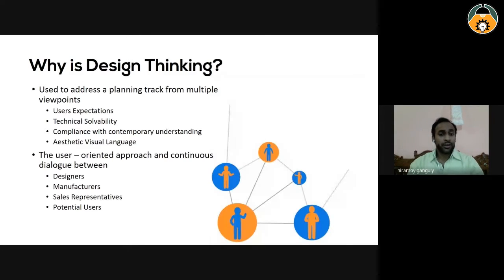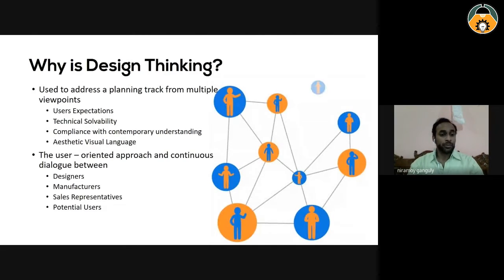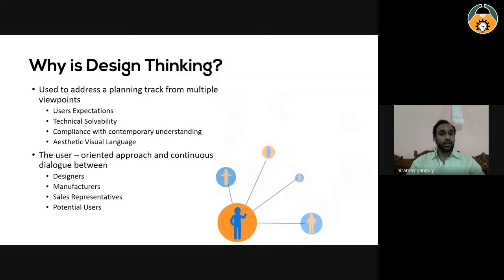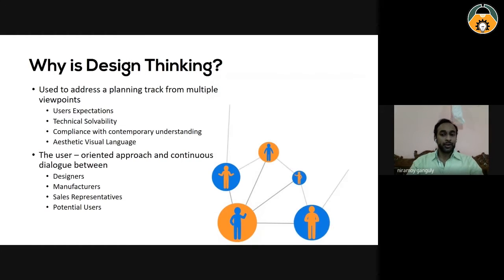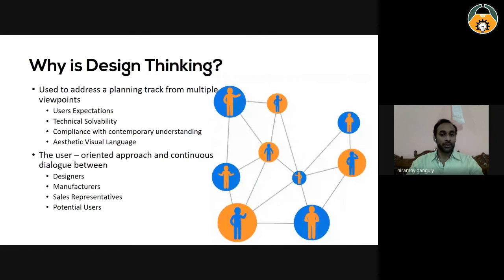The user-oriented approach and a continuous dialogue between the designers, manufacturers, salespeople, and potential users is one of the key aspects for getting your data together and thinking together for futuring into a new product.